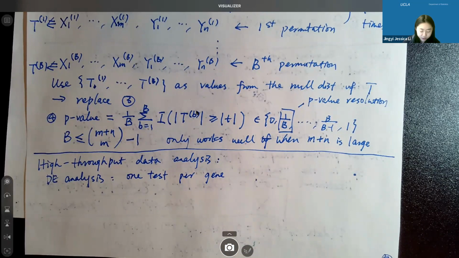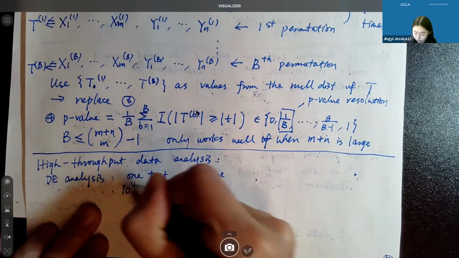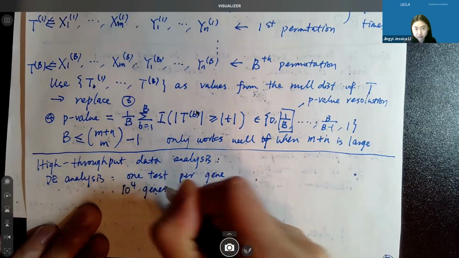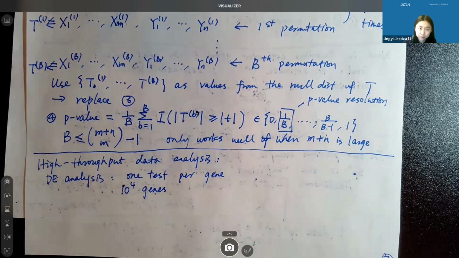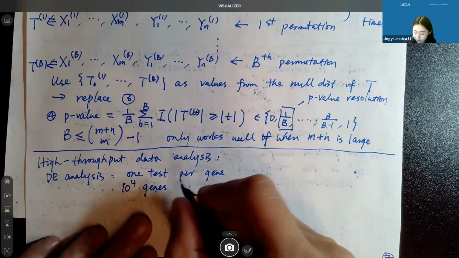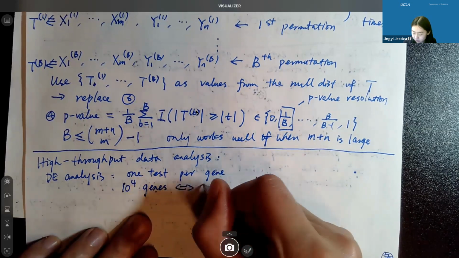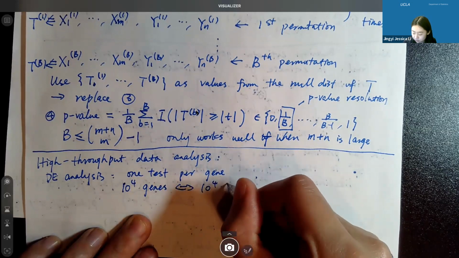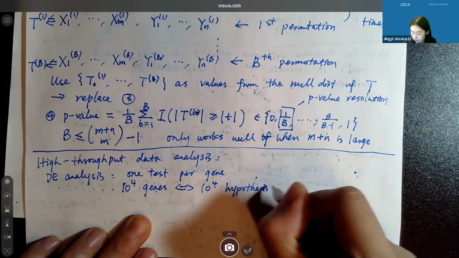And let's say that in our data set, we have 10^4 genes, 10K genes measured. That's the order of the number of human genes. So if we have those genes measured, then that will be this number of hypothesis tests.